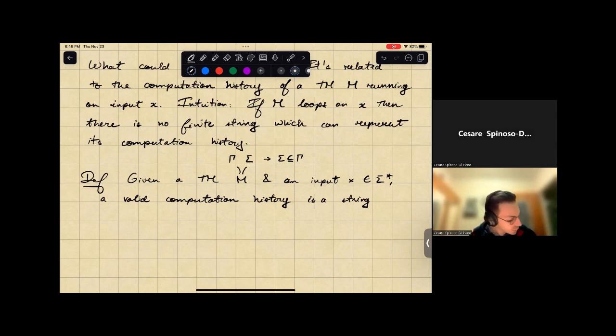So it is a string of the form... this is going to be the form of a valid computation history. So this is a string, okay?